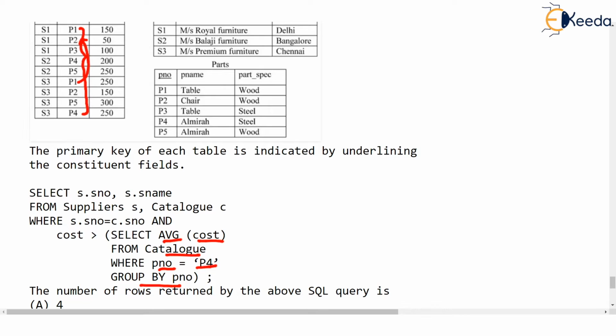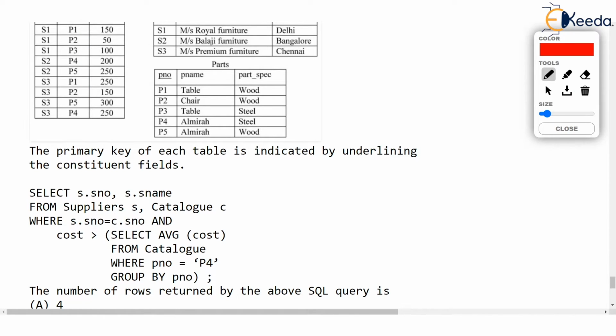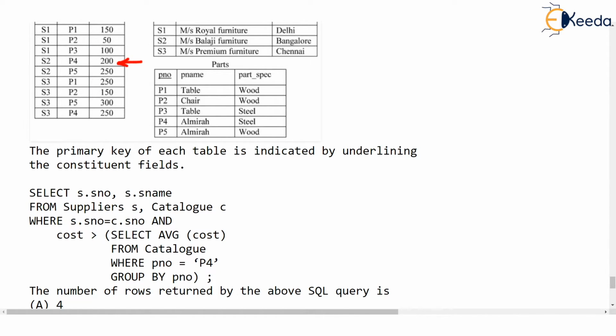But from this entire catalog table, we are selecting only those rows where part number is P4. You observe there are only two entries which have part number P4, and we are finding the average of these. The average is 200 plus 250 divided by 2, which comes out as 225. So this inner query has executed and given the answer 225.